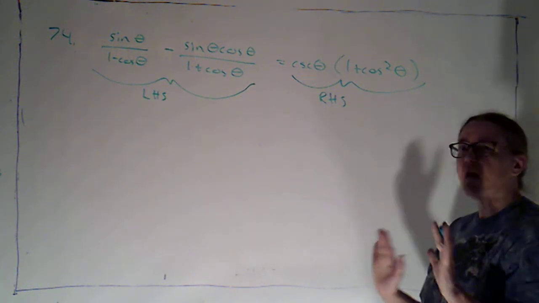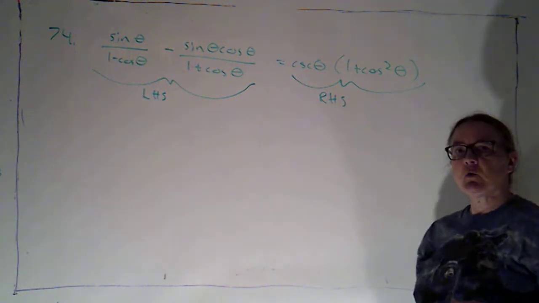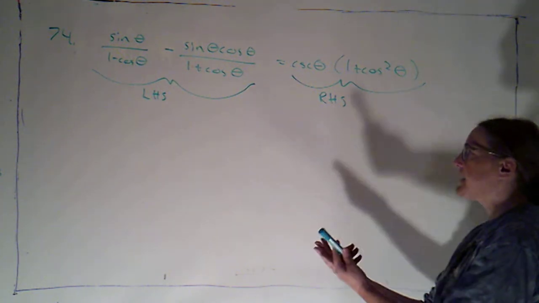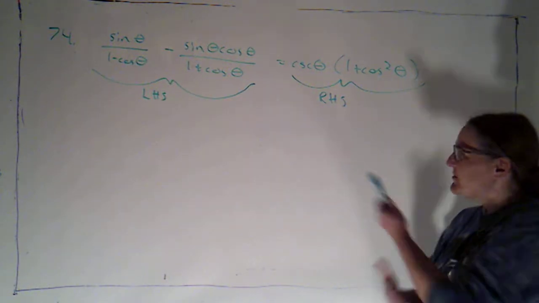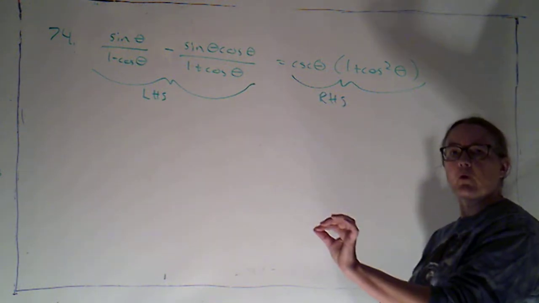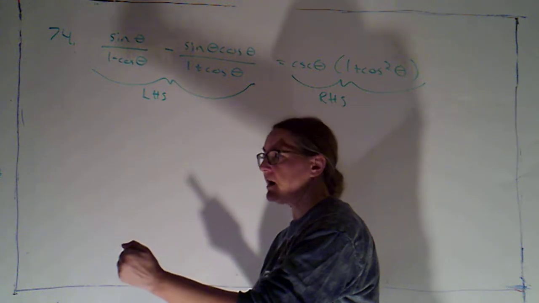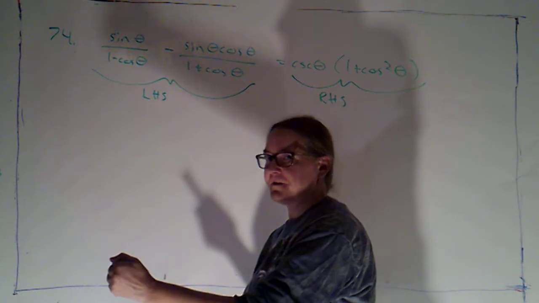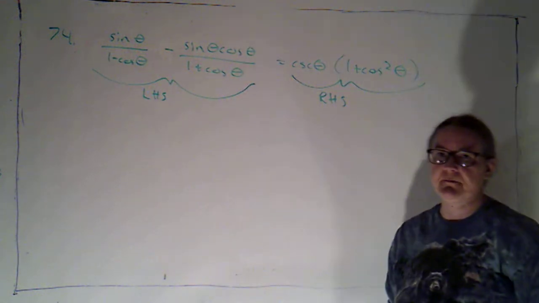No, they're almost never going to be obvious like that. What you want to do is just pick a side and start simplifying it. Try to make whatever side you start with look simpler than it did before. And if you keep doing that, eventually you're going to start to see, oh, they are the same. Okay. But it shouldn't be obvious at first most of the time.